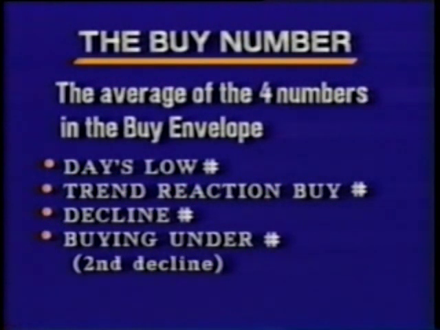The buy number is the average of the four numbers in the buy envelope, which, to summarize, are the day's low, that's the prior day's low. By prior day, I mean if it's Tuesday after the close, that day's low. The trend reaction buy number, and you know how to calculate that. The average of the three declines, and the average of the three previous buying under numbers.